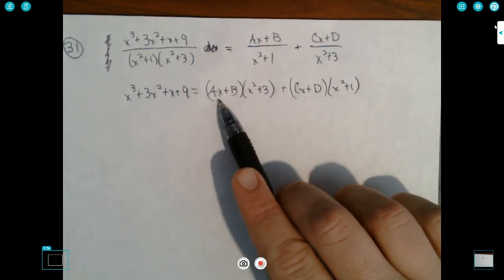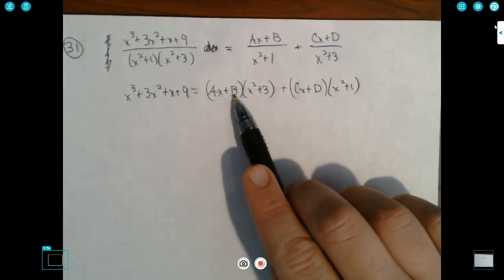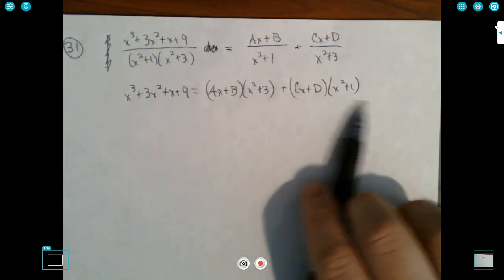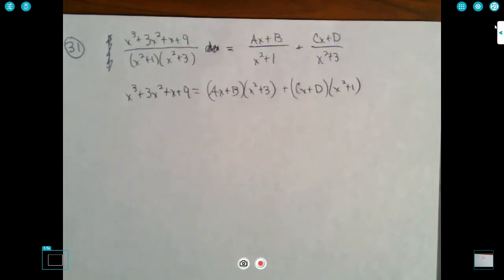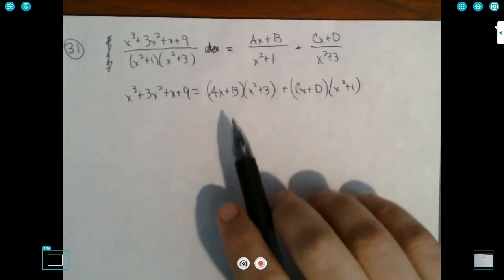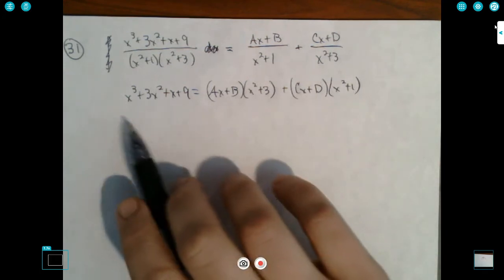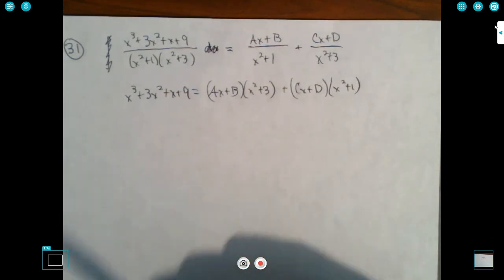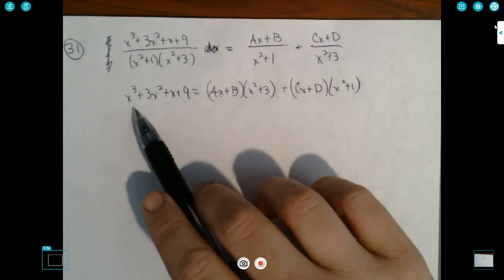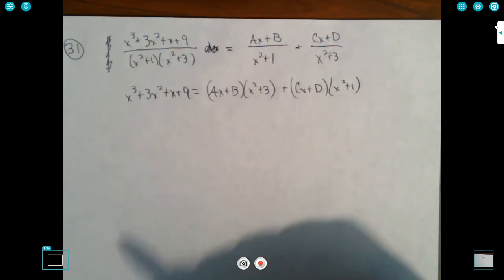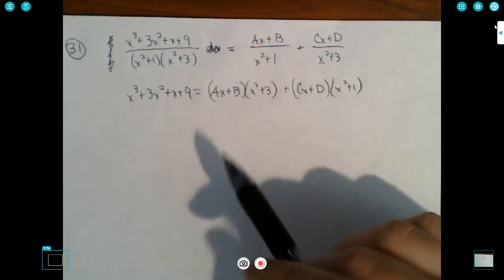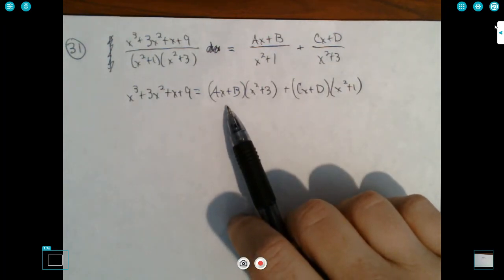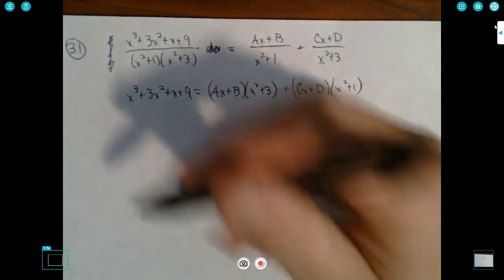I could let x be 0, and then at least I'll have 3b and d, but that's not going to help me solve for any of those variables. So when you run into a situation like this where you're not going to get any low-hanging fruit by letting x be some value, the best thing to do is to just equate coefficients. And the way you equate coefficients is by multiplying this side out. So let's do that.